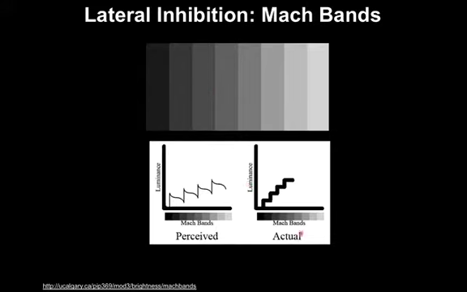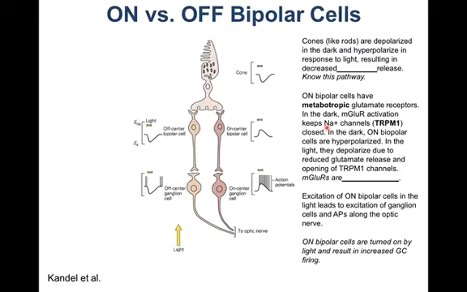Okay, so the actual luminescence differs from our perceived luminescence. So this is an optical illusion, but it results from differential activation of receptive fields in the retina, which is our entire topic for today.